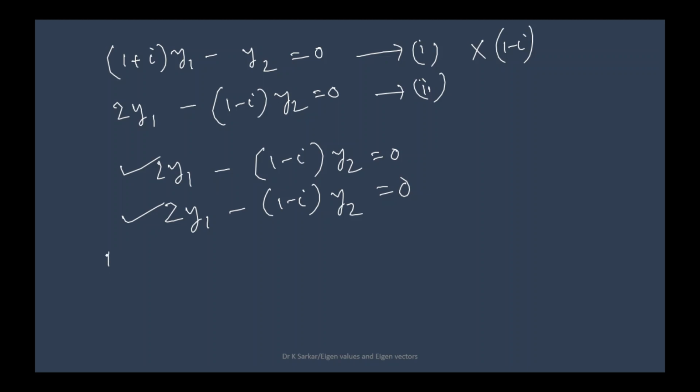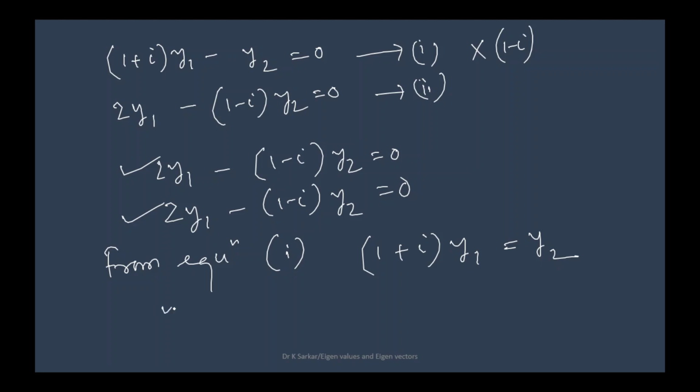Therefore from equation 1 we can write (1 plus i) y1 is y2. Therefore, the eigenvector for the eigenvalue minus i is y1, (1 plus i) y1, where y1 belongs to the set of real numbers.